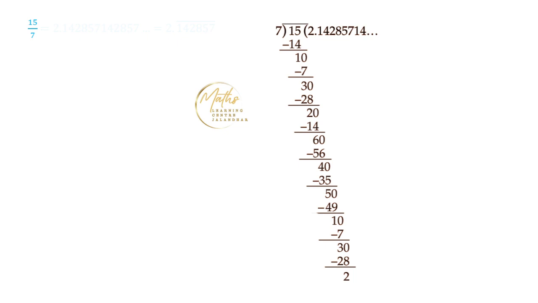So we can write that 15 by 7 is 2.142857, then again we are getting 142857 and so on. And this block that is repeating again and again, we can write the bar over on this block, and we can write this number in this particular form.